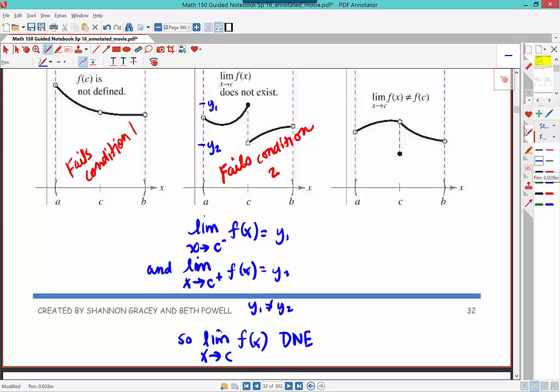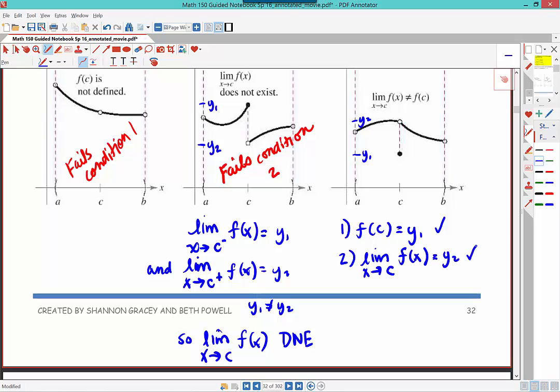Good. F at C exists. Do you see that f of C has an output of, call it y1? So we could say that f at C is equal to y1, and that would be our first condition, so that works out, right? Second condition, the limit as x approaches C of our function, f of x, is equal to this y value, call it y2.